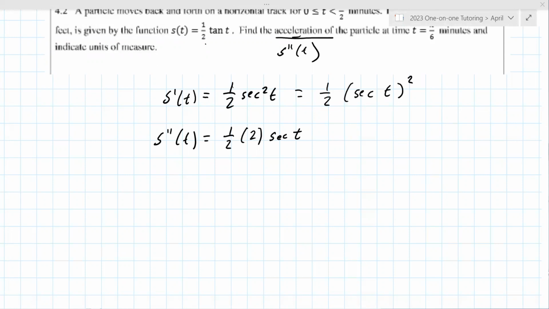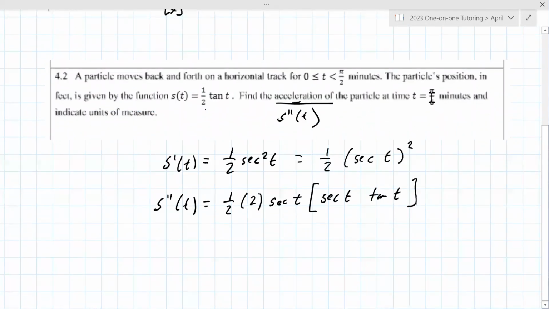This one's going to be under the trig section. What's the derivative of secant? Secant tangent, secant x, tangent x. Yeah, secant t, tangent t. Now you don't need to simplify because you're evaluating it.